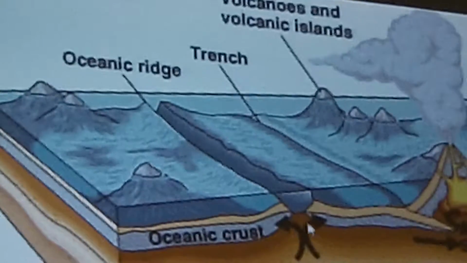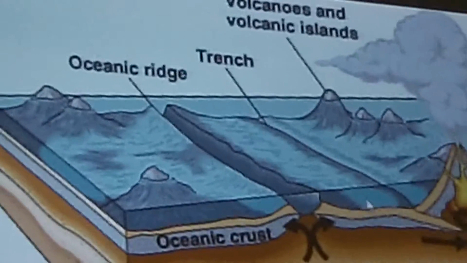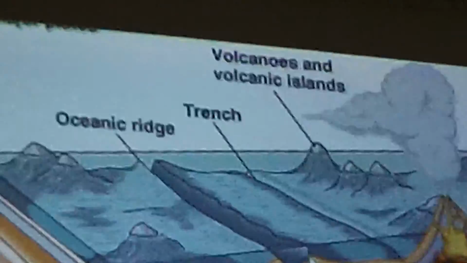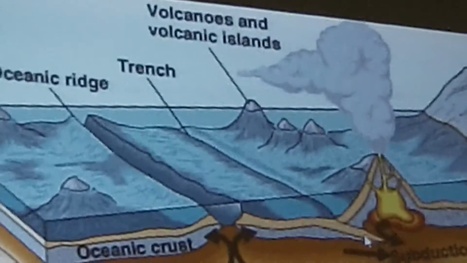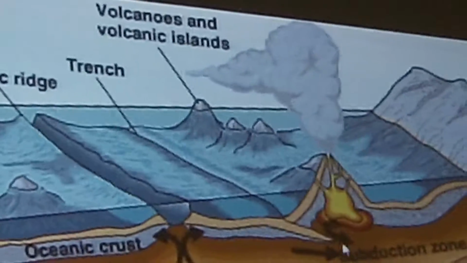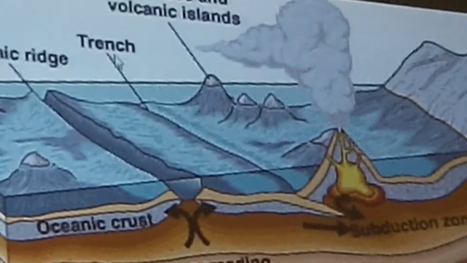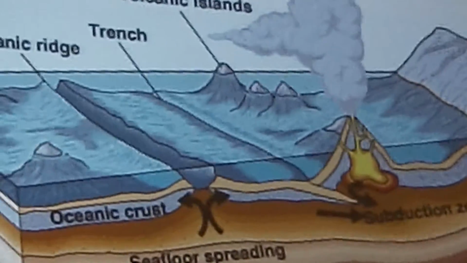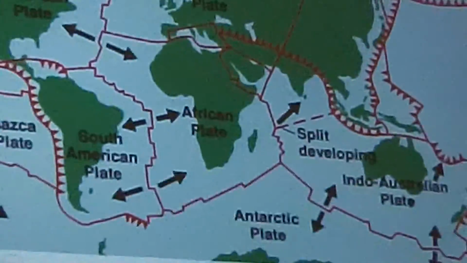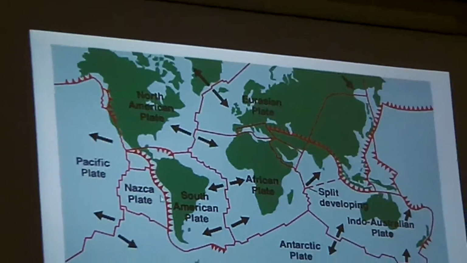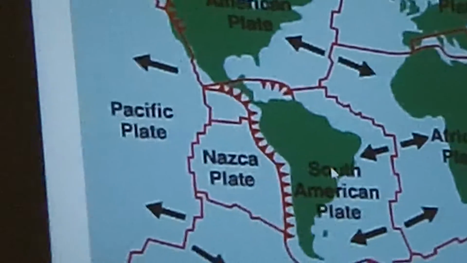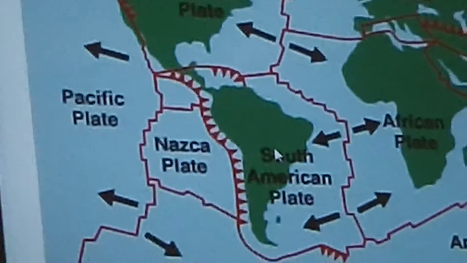Now, if a plate is running into another plate, it'll often dive underneath that plate and go back down. And that's where you get a trench, a deep trench like the Mariana Trench. Let's look at the Nazca Plate right here. They don't show an arrow, but it's going towards South America.